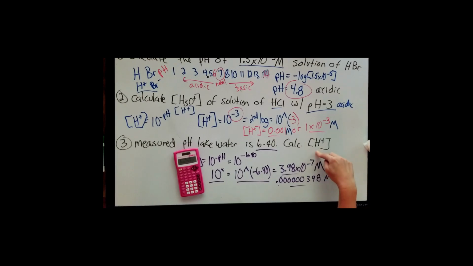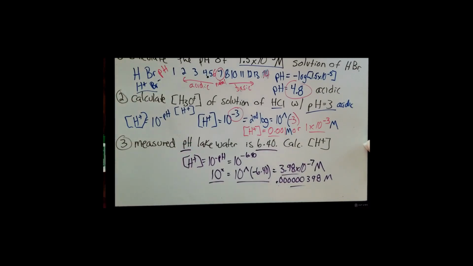If there's a lot of H+ ions present, that means it's a very acidic solution. So the concentration can also tell you how acidic it is. Number 2 is the most acidic concentration-wise, then number 1, and then number 3.